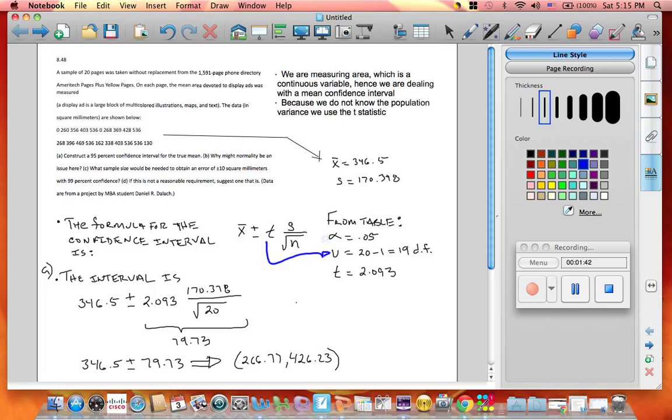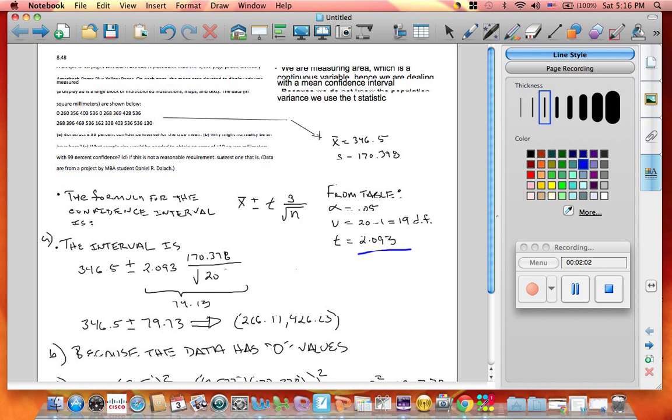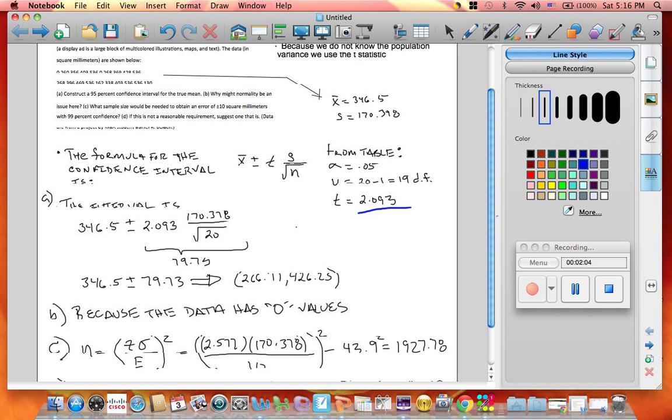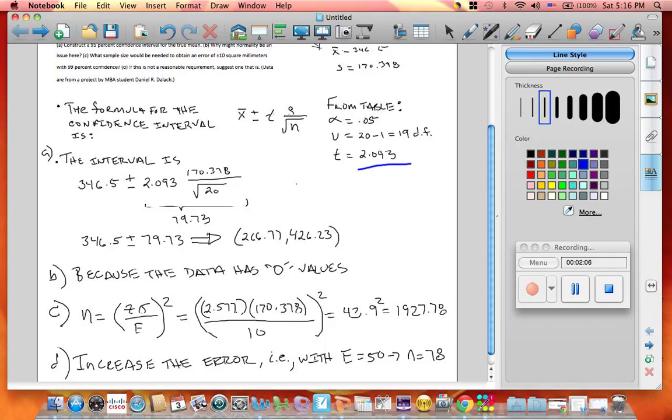And to get our t-value, we need to calculate our degrees of freedom, which is like a twisted v as in Victor, equal to n minus 1, in this case 20 minus 1, which is 19 degrees of freedom. And if you look at the table under alpha 0.05 with 19 degrees of freedom, you'll get a t of 2.093.